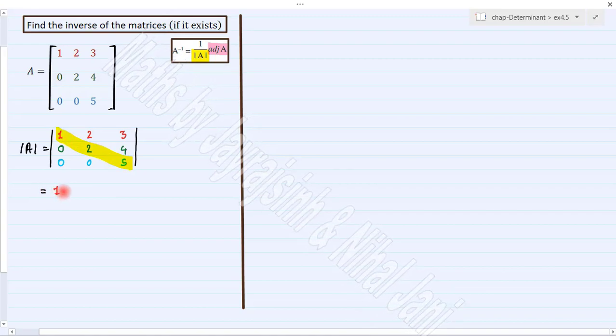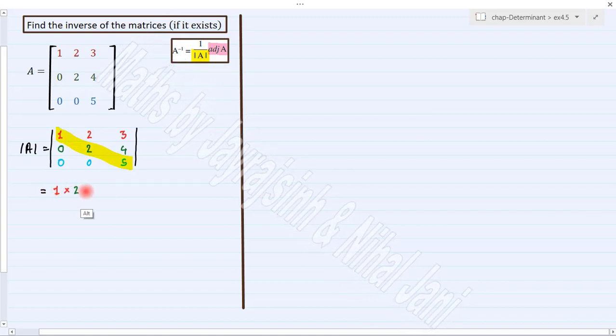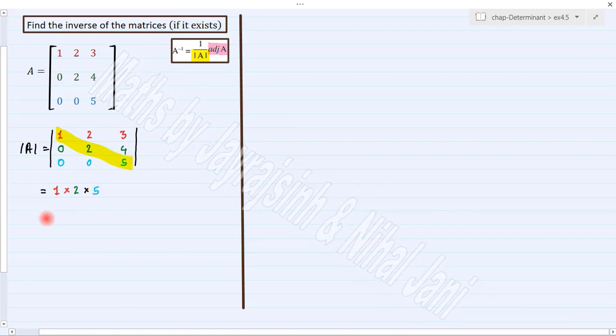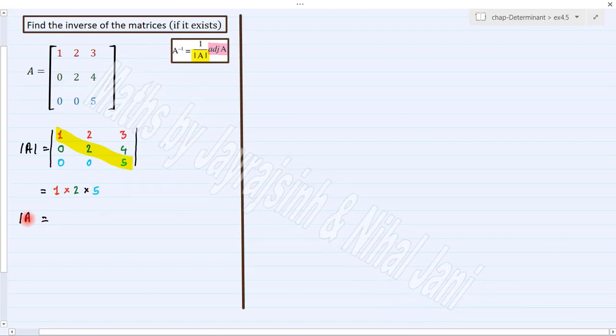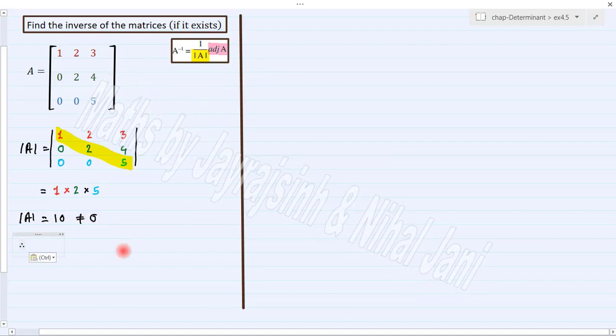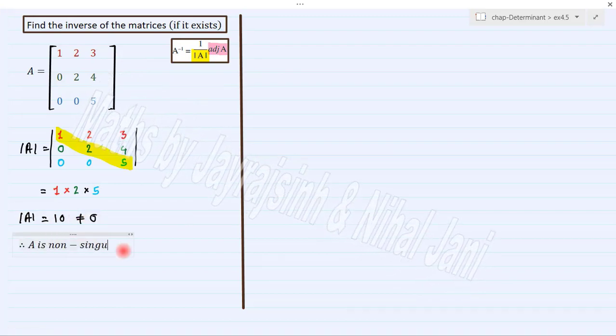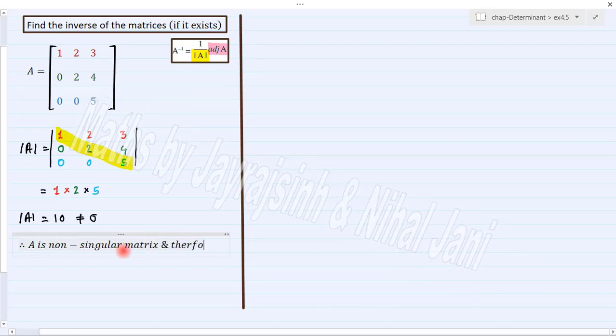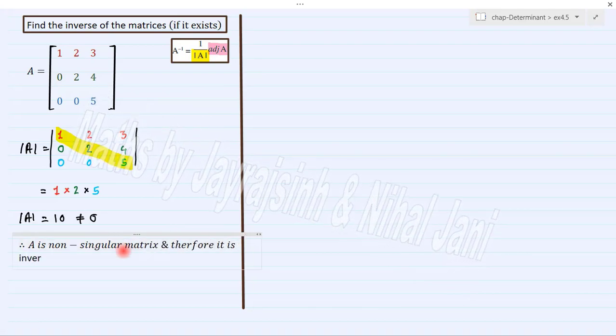That means you have to multiply 1, 2 into 5. Or we can say determinant of A is simply 10, which is not equal to 0. Therefore, A is non-singular matrix and therefore it is invertible.